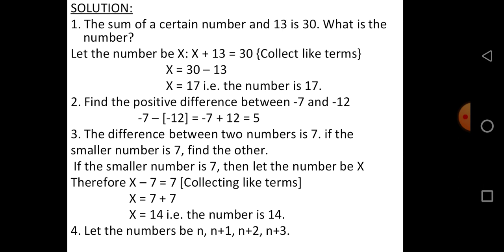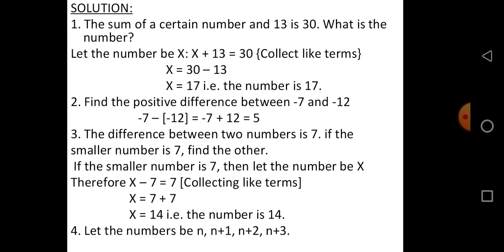When you subtract them, you subtract the smaller one from the bigger one, the solution is supposed to be 7, but the smaller one is 7. So how do we get the other one? Remember, we said if the smaller one is 7, according to our question, then let the number be x. You just assume that the number is x.